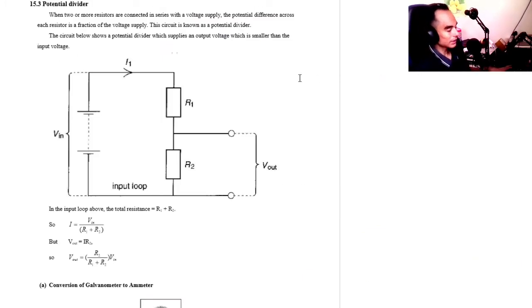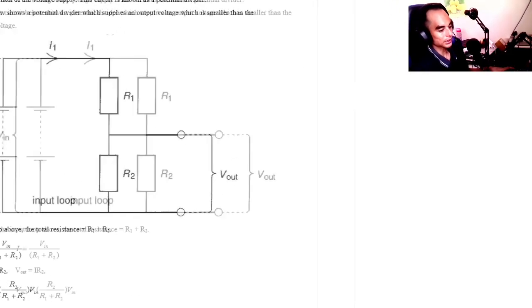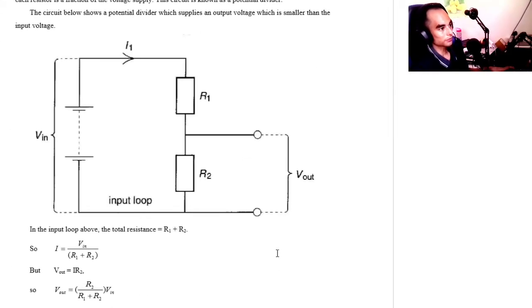A potential divider is used to get a fraction of the voltage. Let's say in this diagram you have a very large voltage V on this side, and you want only a fraction of it on this side. For example, this is 40 volt, and you only need 3 volt from that 40 volt.